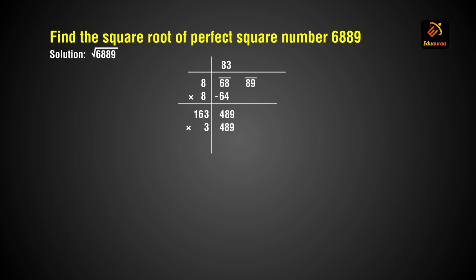Write 3 after the divisor 16, so the correct divisor is 163. 163 into 3 is 489, 489 minus 489 is 0, remainder is 0, and the square root you get is 83, that's the quotient. So basically students, this is the division method which we already know for finding the square root of a number.